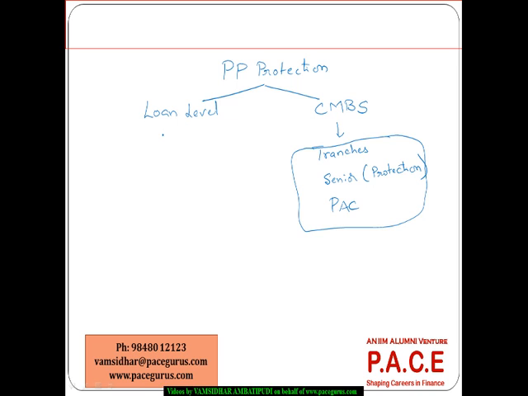Whereas when I'm talking about the individual loan level, some of the important things that can be brought out is a lockout period, which means the loans can very clearly carry a notice that at least for the first few years, no prepayments can happen. Or in some cases, even if there is going to be some kind of prepayment, there is going to be a penalty.